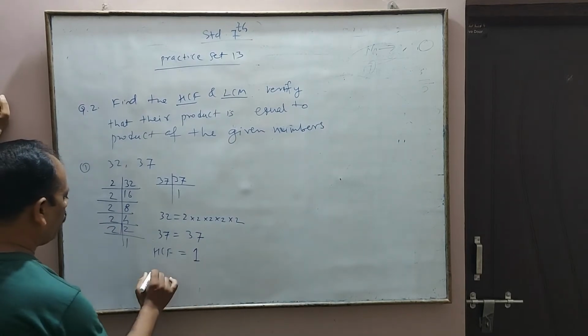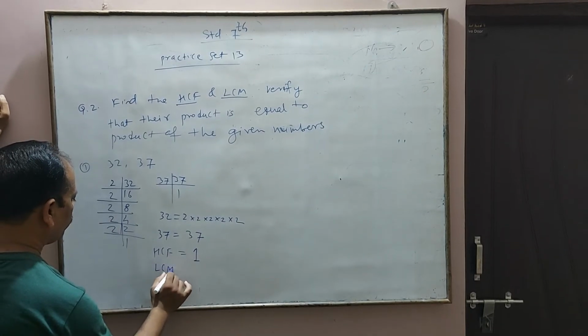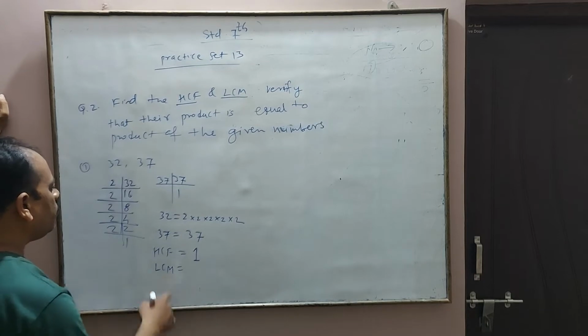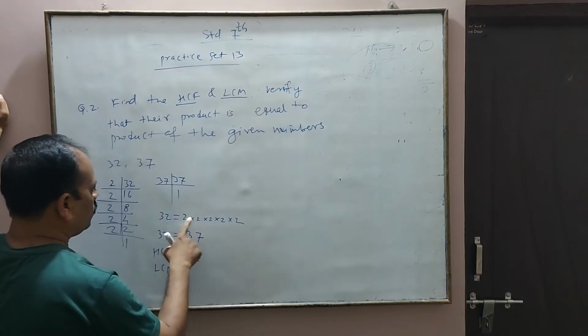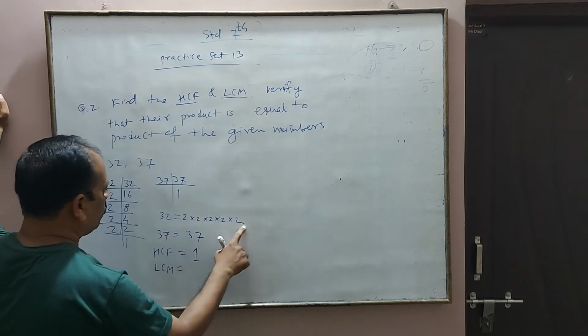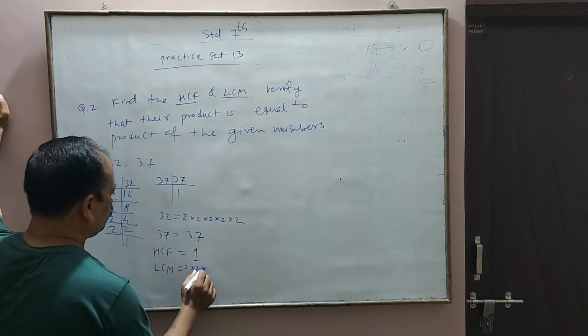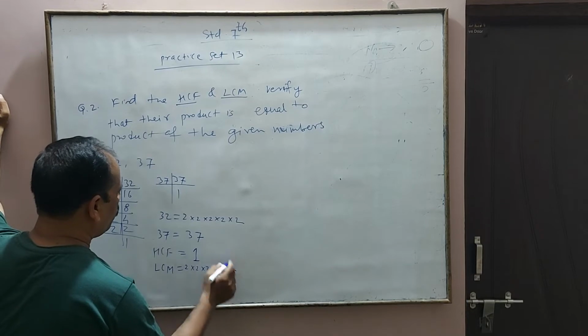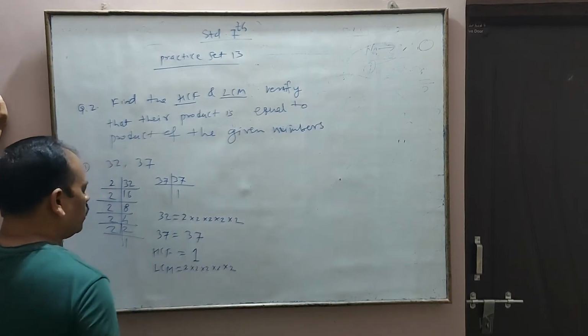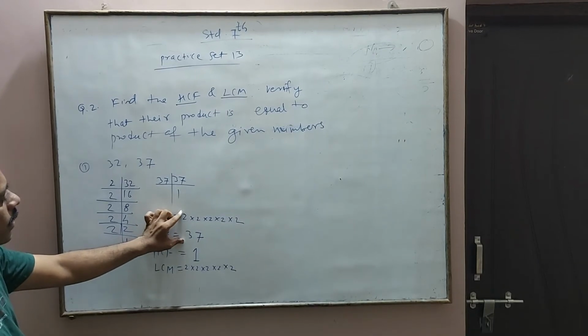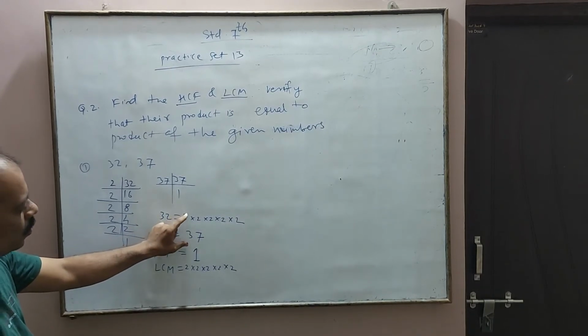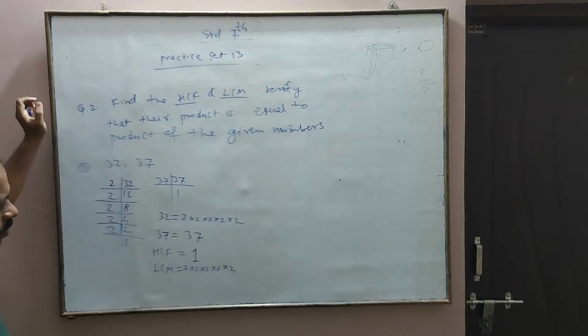And what is LCM? LCM will be, see here, we have to multiply all these numbers, 2 into 2 into 2 into 2 into 2, so no common. In LCM what do we do? We first find the common factors and then we find the non-common factors.